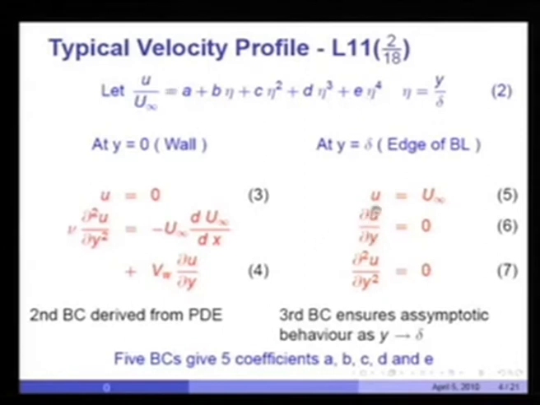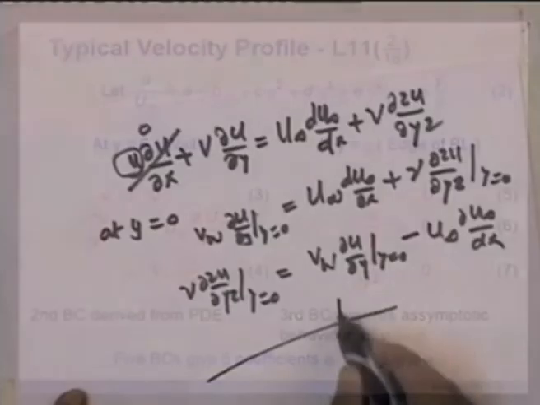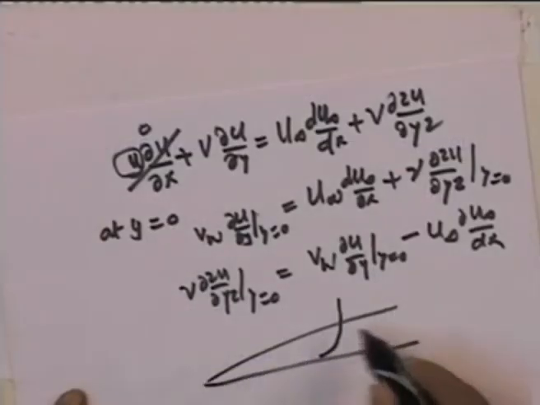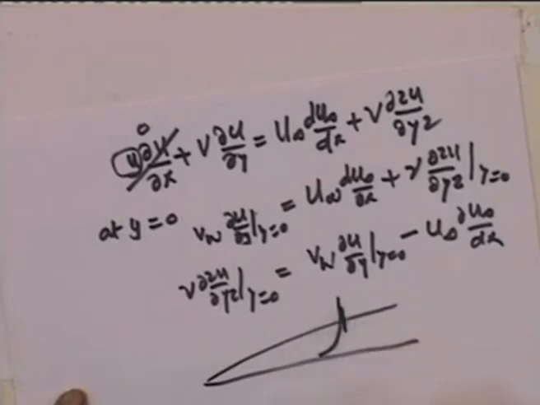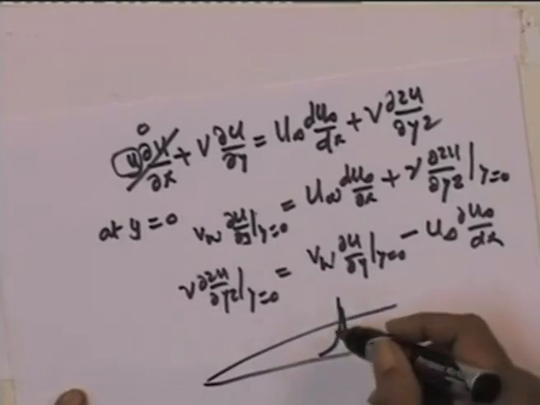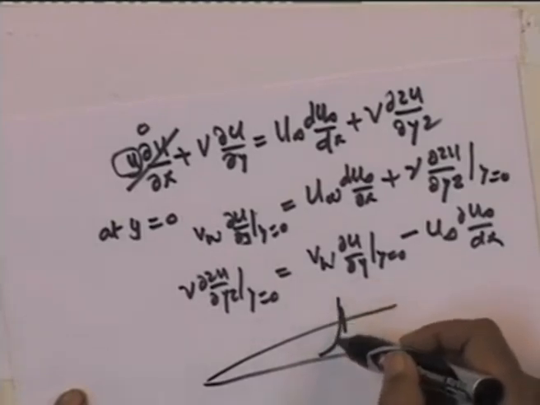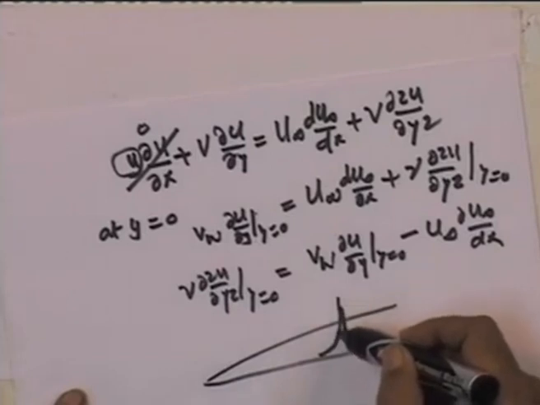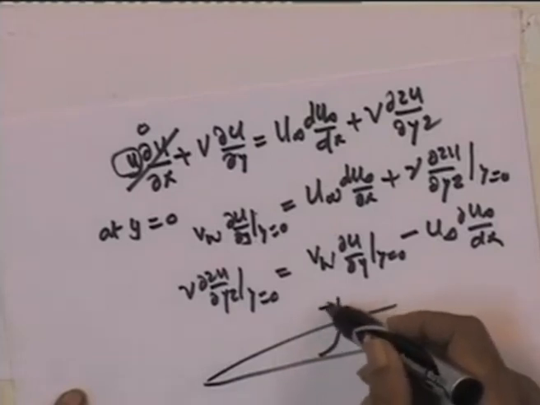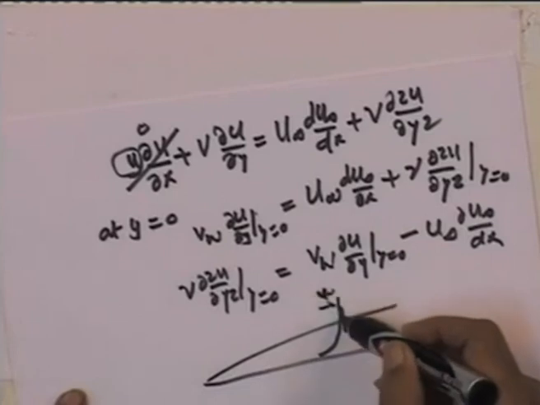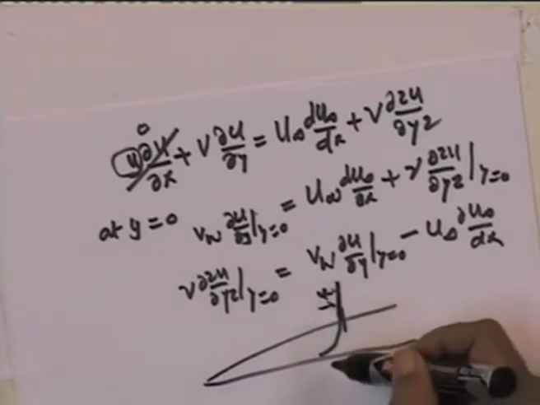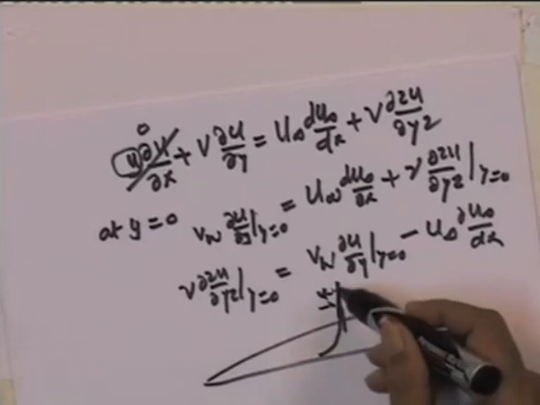Also, du by dy is equal to 0 at the edge of the boundary layer, and to the extent that the velocity approaches u infinity asymptotically, du by dy equal to 0 survives as we increase y.